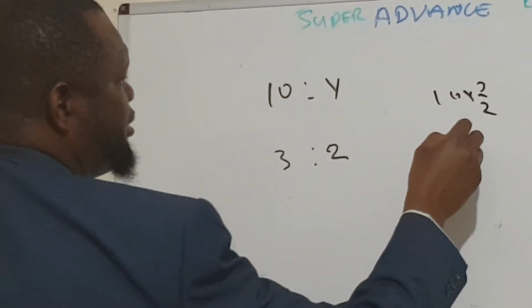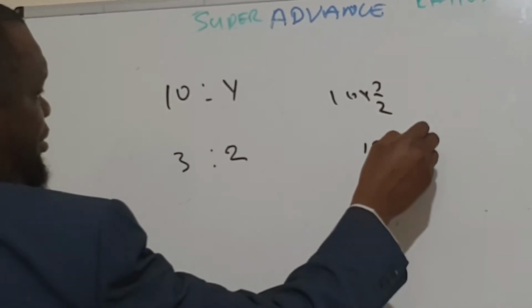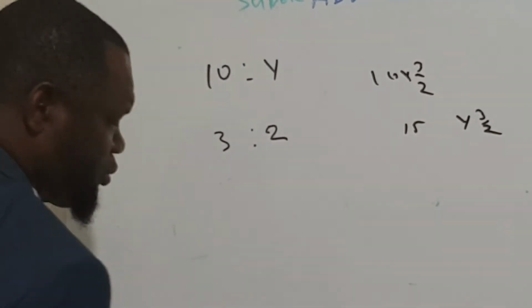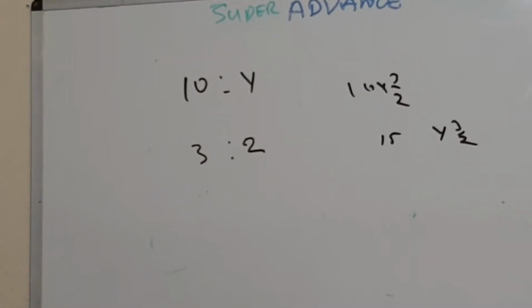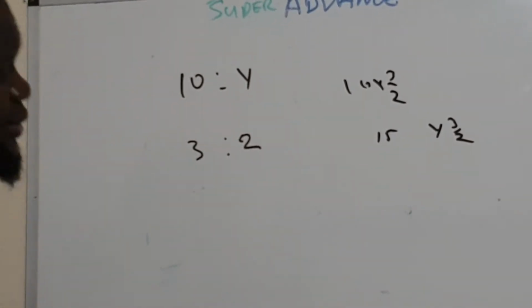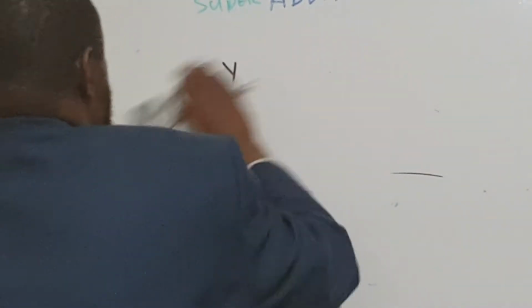Yes, that will be 15, and this will be y times 3 over 2. So what if y is 6? They can bring it that way. 18 divided by 2. Now let's look at this question.